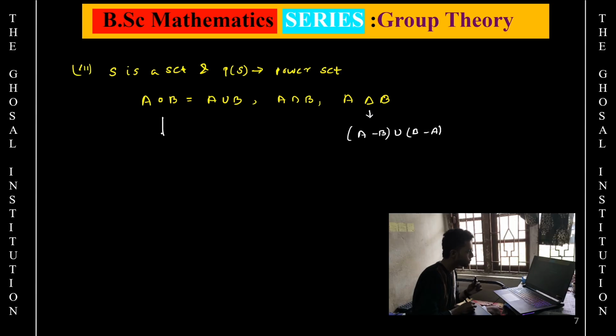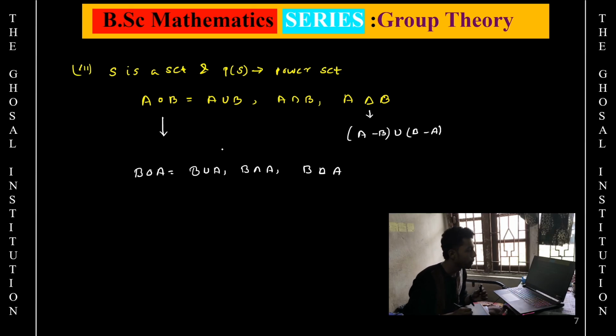So this is A compose B. Now to check whether this composition is commutative under union, intersection, and symmetric difference, you just have to check B compose A. For union it is B union A, for intersection it is B intersection A, and for symmetric difference it is B symmetric difference A. Is there any difference between A union B and B union A?